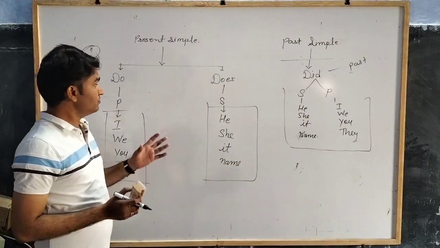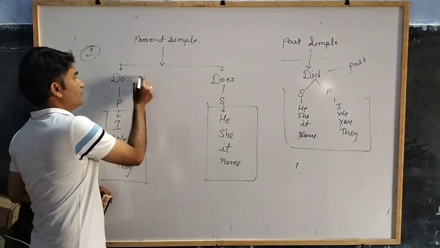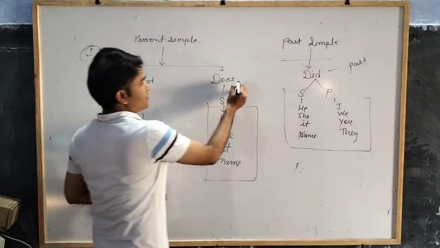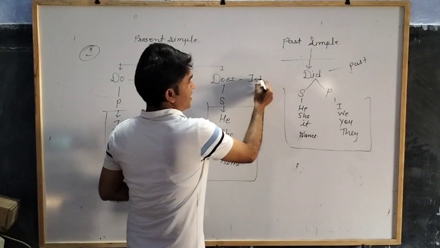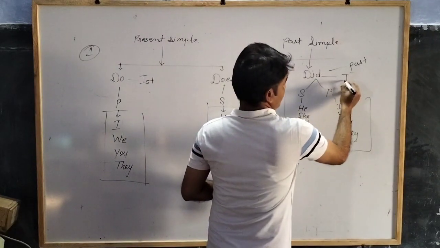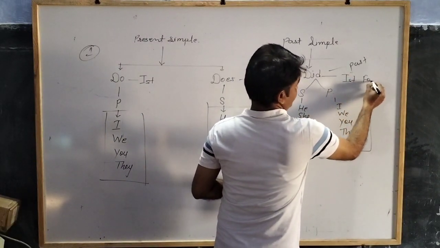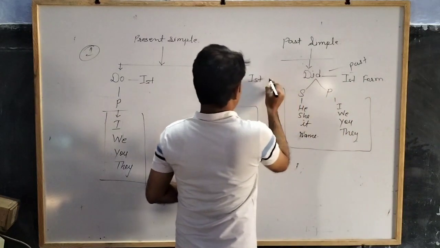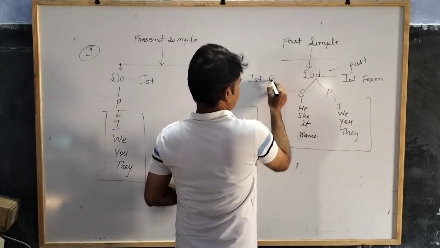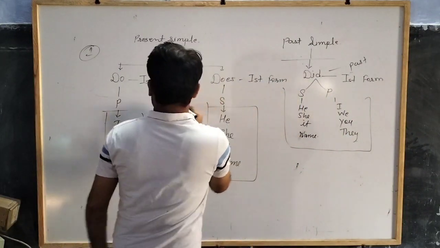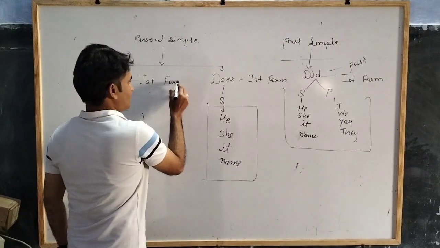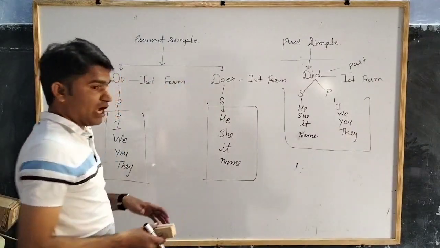I want to tell you that you will use the first form with do, the first form with does, and also the first form with did. But how do you use them?